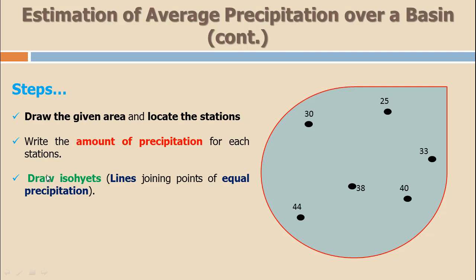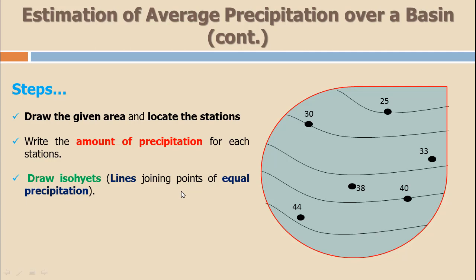So what we will do then is draw isohyets, meaning draw lines which join points of equal precipitation, just like this. Now this is a line, and this line is known as an isohyet.